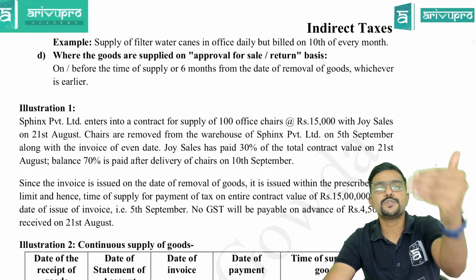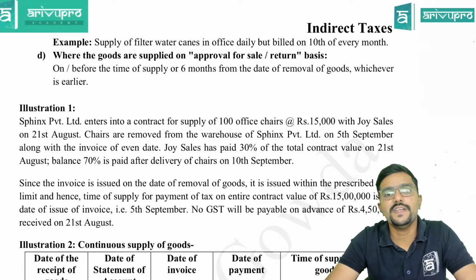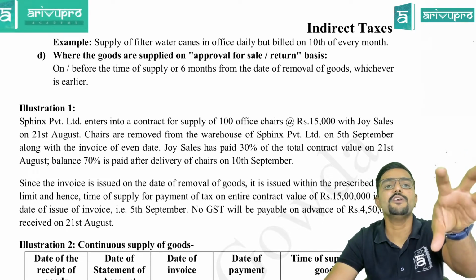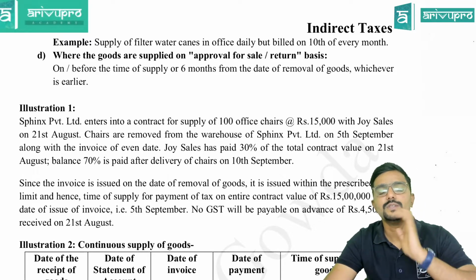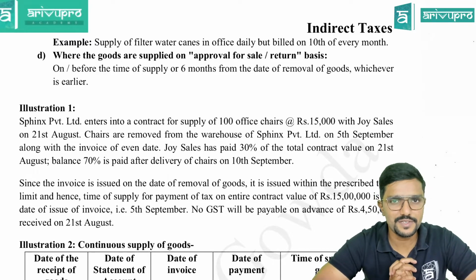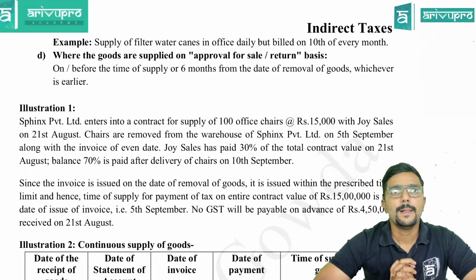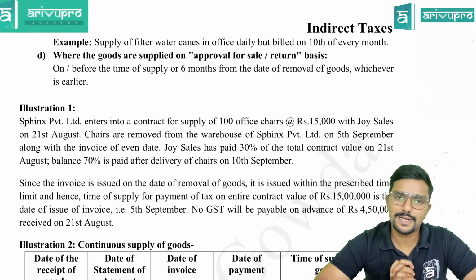When I have sent goods to you, it is not a sale for me. It is a sale for me only when you have accepted it. So this is how the sale or return basis approach works. I have supplied goods to you. I have given 2 months' time for you to accept the goods or give them back.